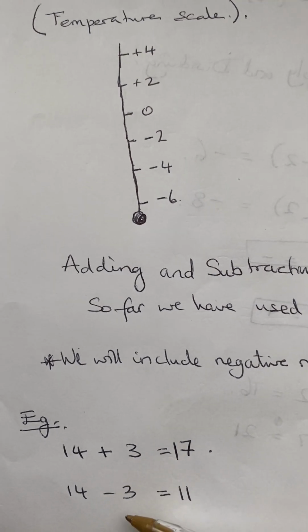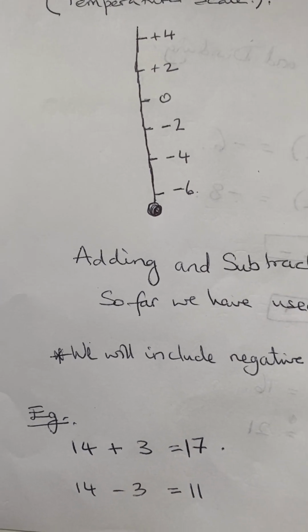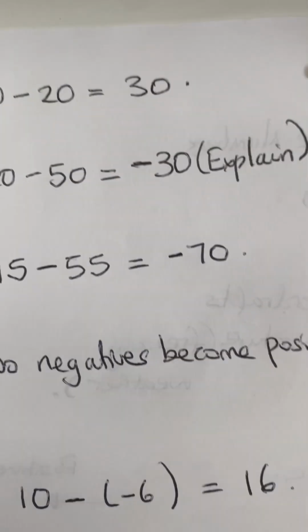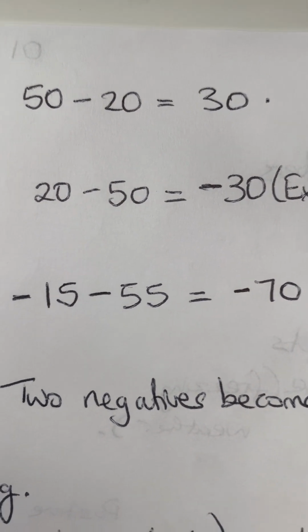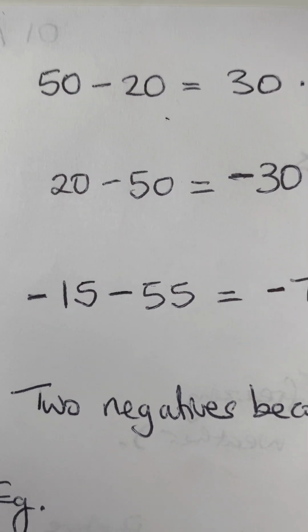And the other way round, 14 minus 3 is 11. These are straightforward. We can all do that. Someone in primary school can also do that. So 50 minus 20 is 30.